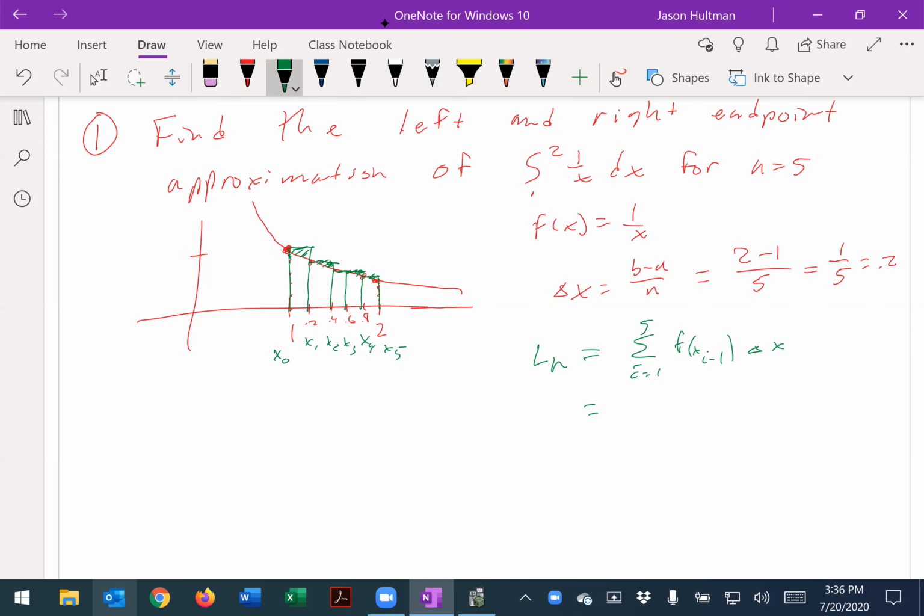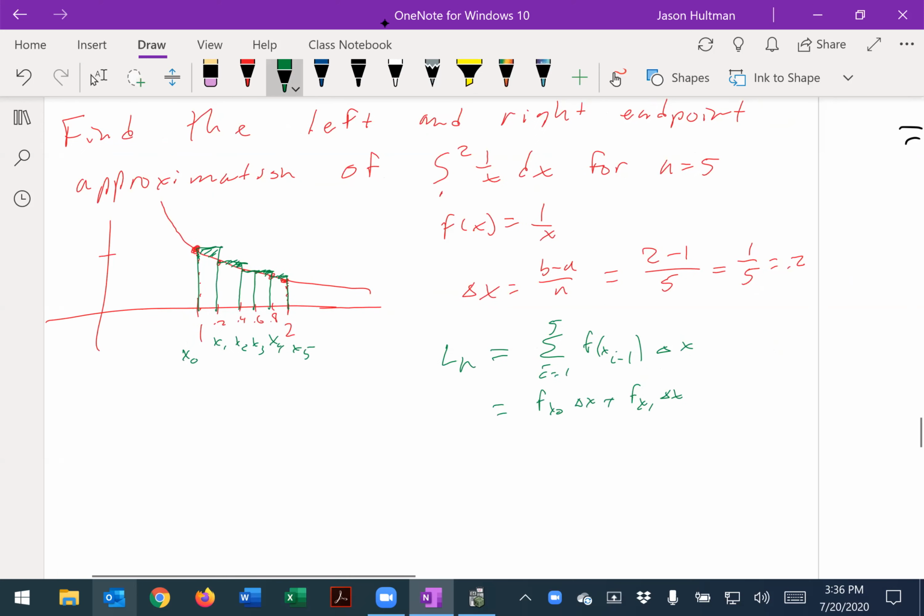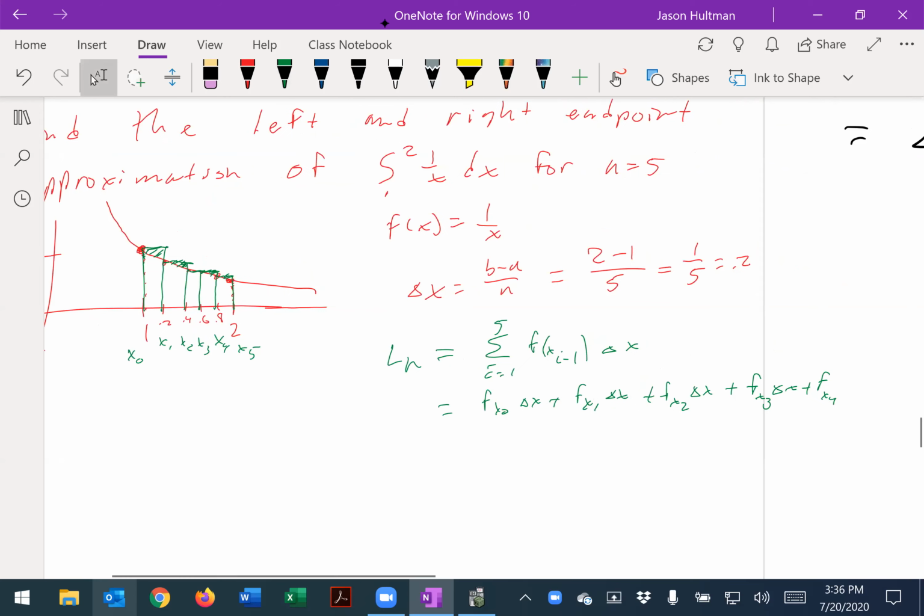So this is going to be f of x0 delta x plus f of x1 delta x, and I'm going to have to do this 5 times, plus f of x2 delta x plus f of x3 delta x plus f of x4 delta x.